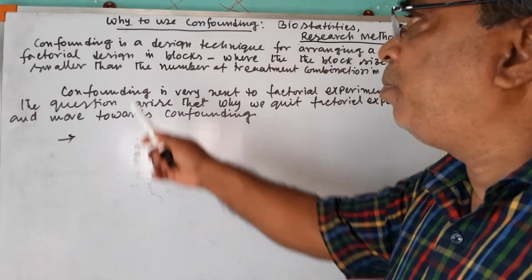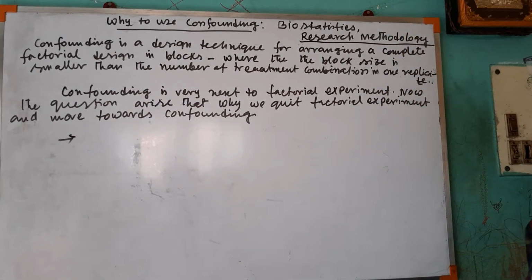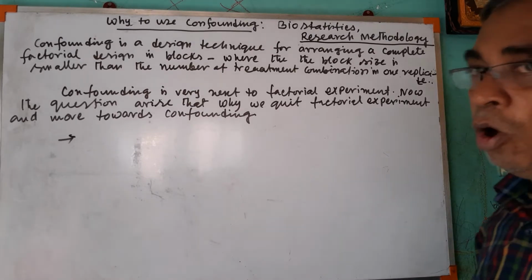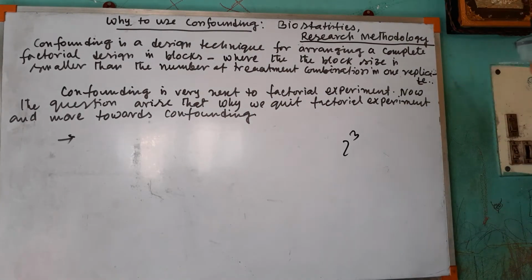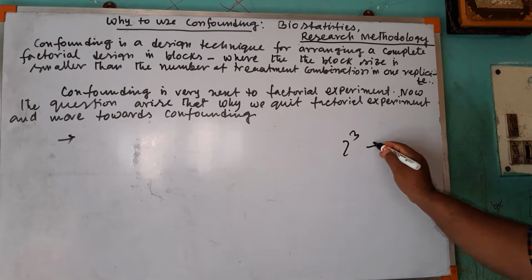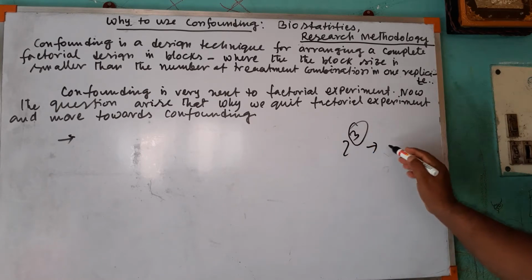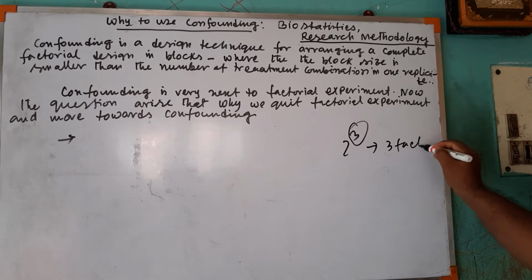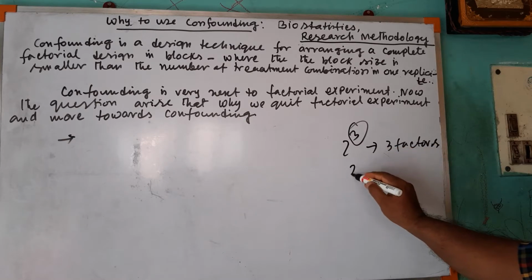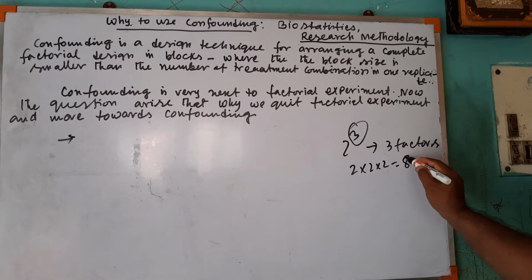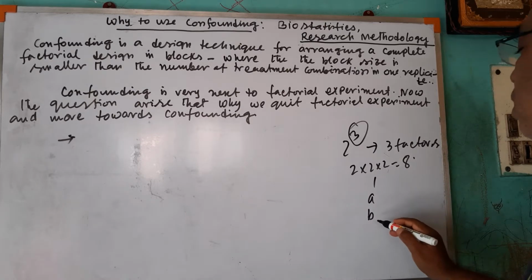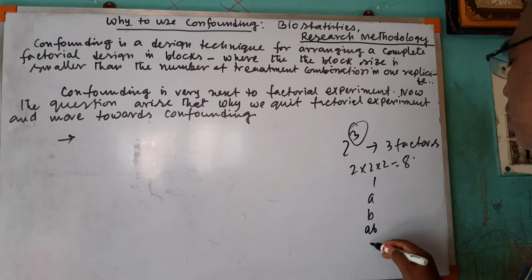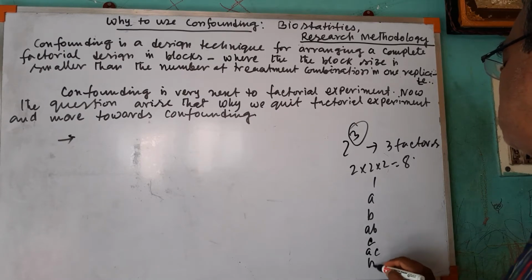What is confounding? Confounding is a design technique for arranging a complete factorial design into blocks. Suppose there is a 2 to the power 3 factorial design. There are three factors, each factor having 2 levels, so the treatment combinations come to 8: 1, A, B, AB, C, AC, BC, ABC.